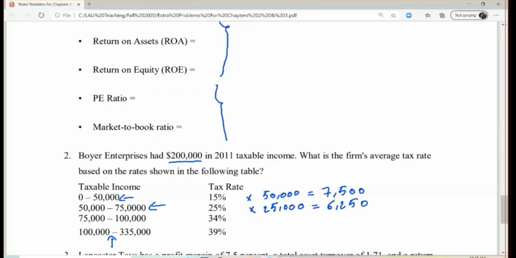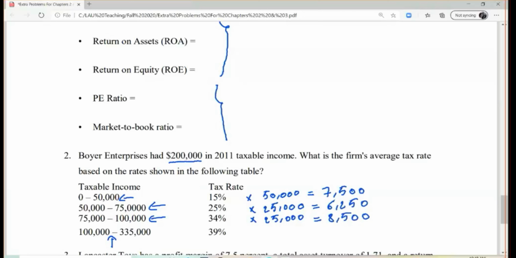For the third tax bracket, it's 100,000 minus 75,000, 25,000. I multiply it by 34%. So it's 8,500.